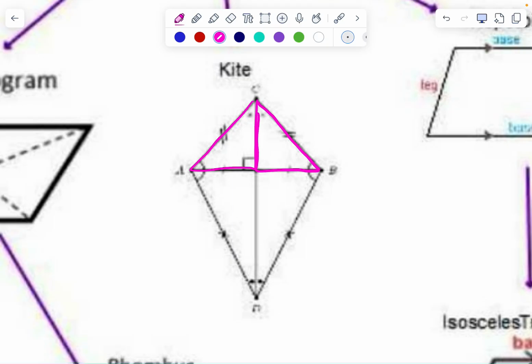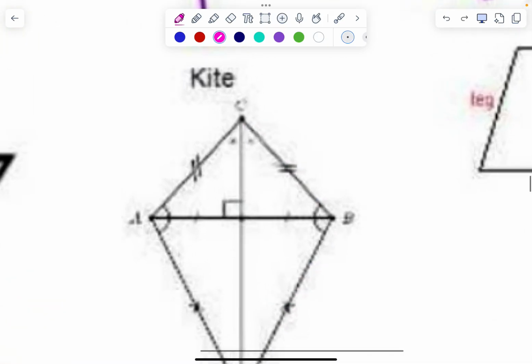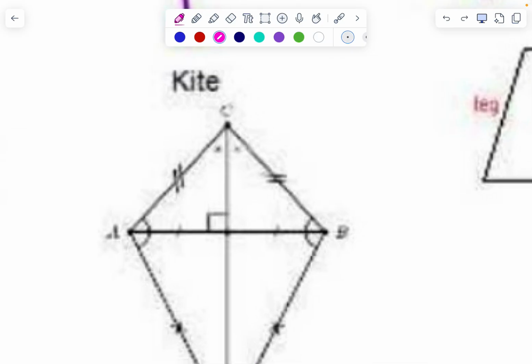We know these 2 parts in the middle are congruent. We know angles are congruent. Like, everything that corresponds is congruent, and that really helps us with properties. Same thing if we do the whole thing like that. Now we know parts of those whole triangles are congruent as well. So I would say, like, now start writing with kites.